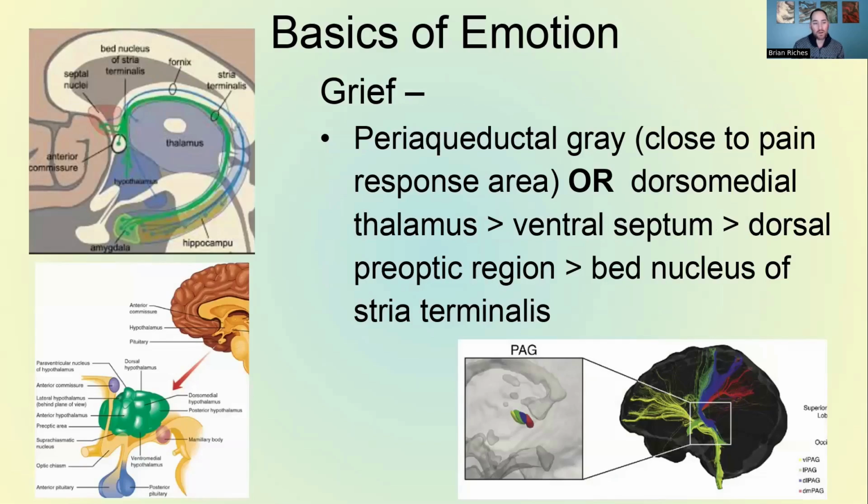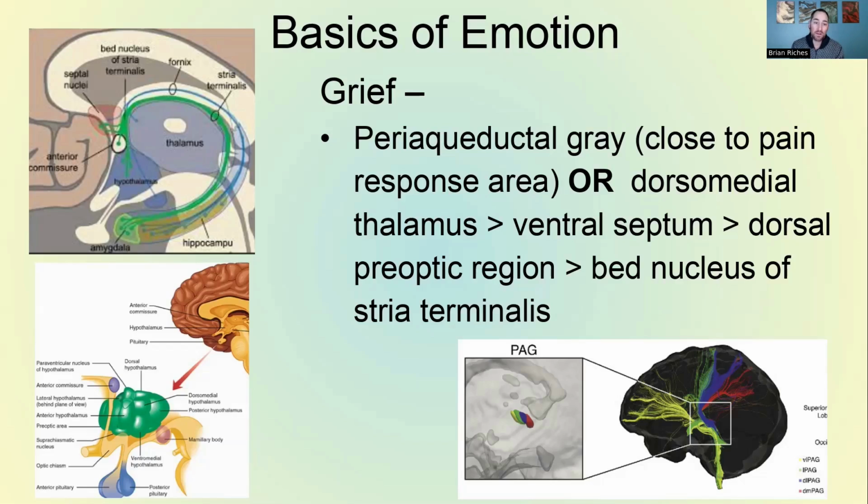So the periaqueductal gray, this one right here in the kind of back middle. So we see that it's very close to a pain response area. And I don't remember if I mentioned that in the rage and anger piece. So this substance P is related to pain. Here, grief, we see that there might be some activity in pain areas.